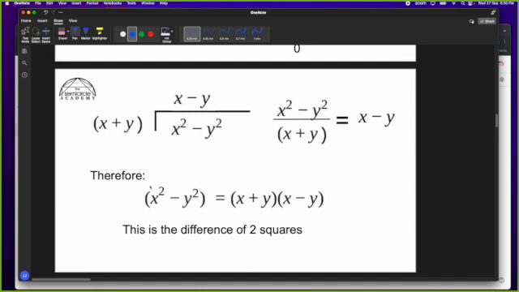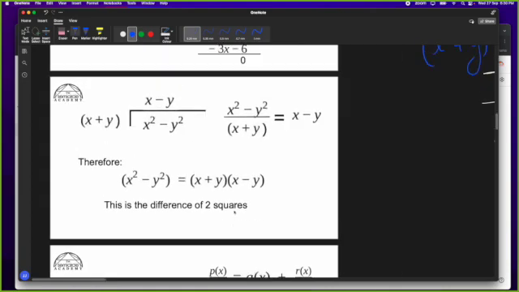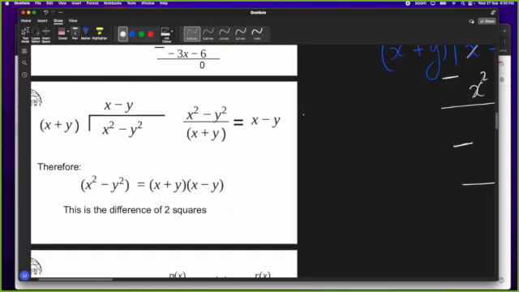But if you have one number squared minus another number squared, you could automatically factorize it as being that. This is a difference of 2 squares. And as an example, I'll give you 2 examples of a difference of 2 squares, right? Let's say if you have x squared minus 16, and they tell you to factorize that.